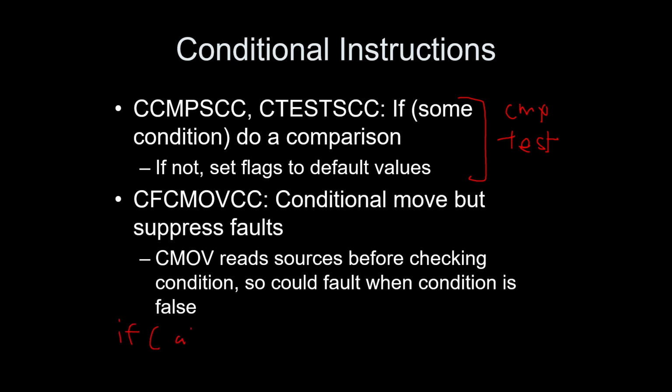Like if A is not equal to null, then do this, and then check this condition: let's say A is a pointer to a struct, and A dot S is equal to 1. Then do some stuff.